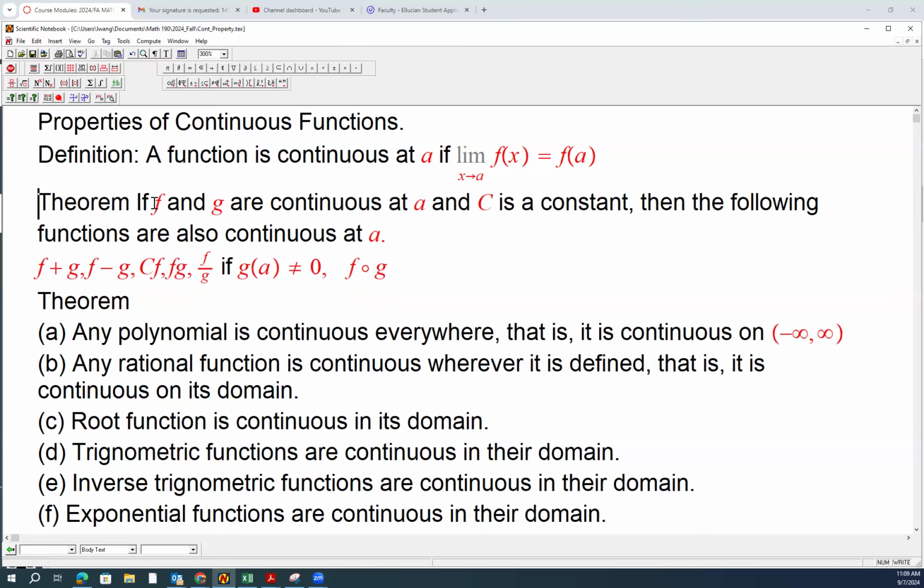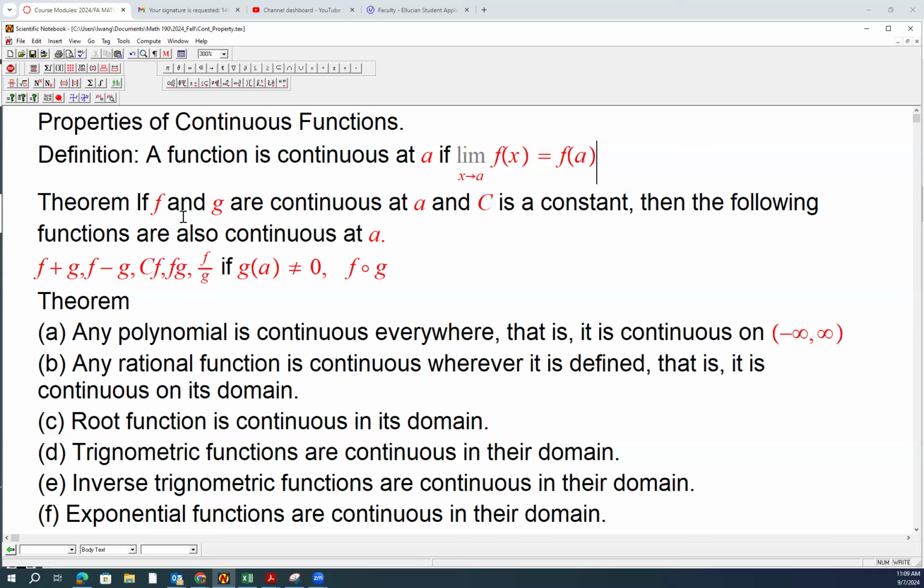Now, if we know two functions are continuous, obviously, to find the limit of a continuous function, we can use direct substitution. So direct substitution is very good to use once we know we can do that, right?